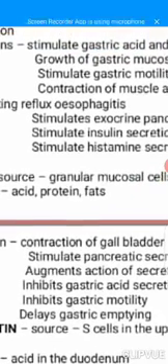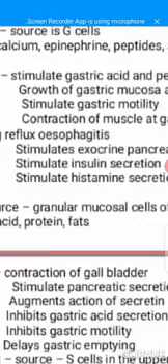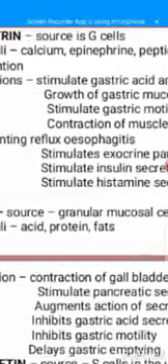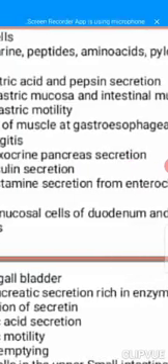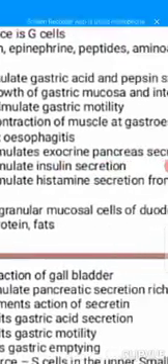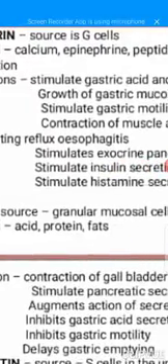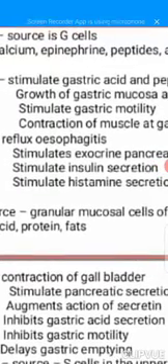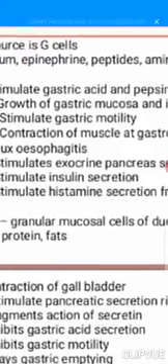Number two, it will cause growth of the gastric mucosa and intestinal mucosa. Why the growth? So that when acid and pepsin are being released, they will not destroy those structures. Number three, it will also stimulate gastric motility so that the mixing with the enzymes will be more effective and the food will be able to move into the small intestine immediately after digestion.